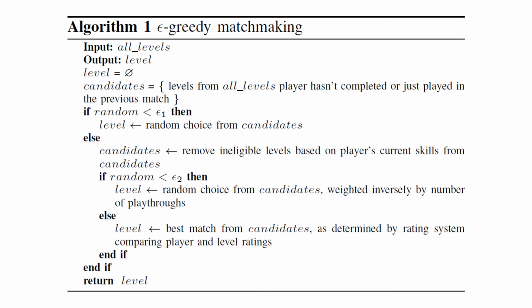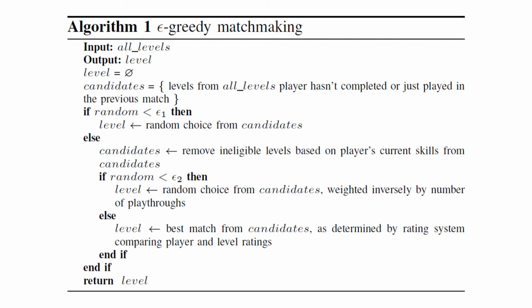First we have our epsilon-greedy matchmaking algorithm, and the central idea behind it is just that with low probability, we serve randomly chosen levels rather than levels chosen by the matchmaking system. This helps even out the distribution of players encountered by each level and correct for the skew as described previously. Now, since the matchmaking system works in a two-step process, namely determining eligible levels using the skill chain and then using the rating system to determine precisely which level to serve, we use two different epsilon values.